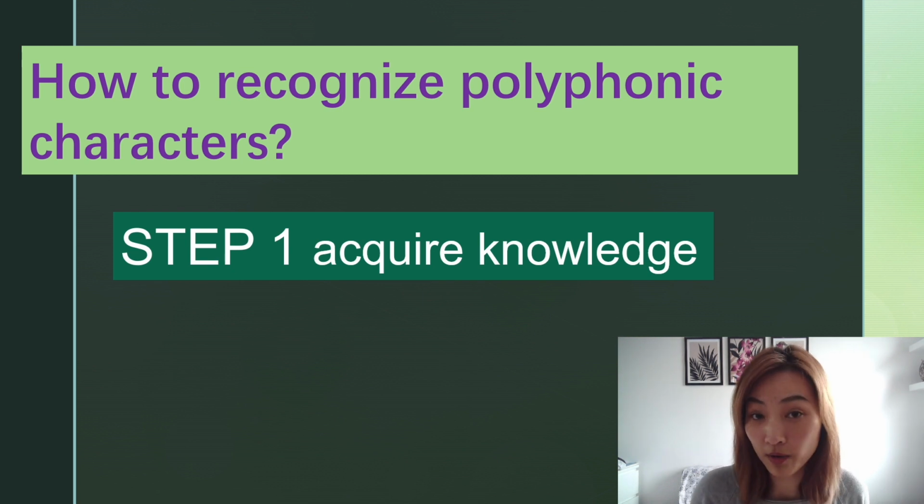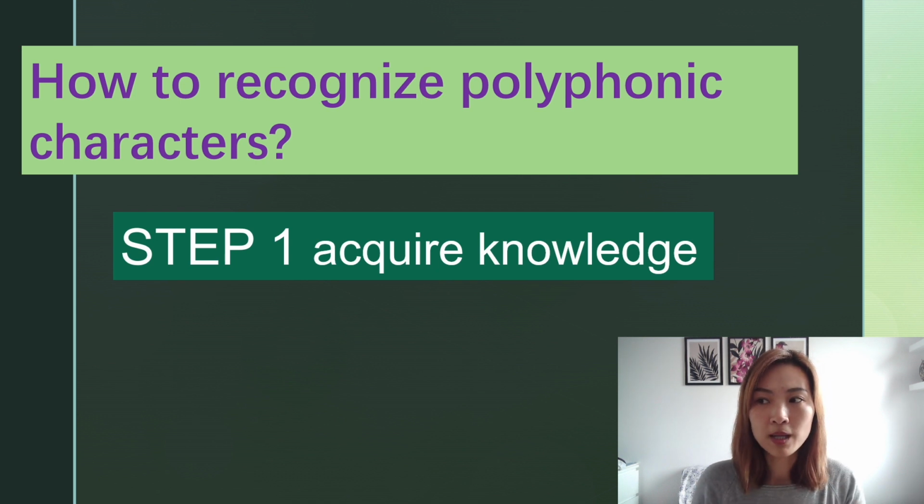Is that a polyphonic character? A textbook or your tutor can give you such help, okay? So, since you acquire the knowledge, meanwhile you have to know what it is. Is it polyphonic? This is the first step.